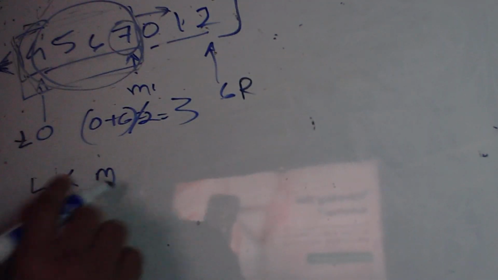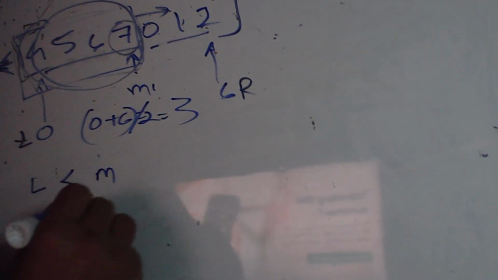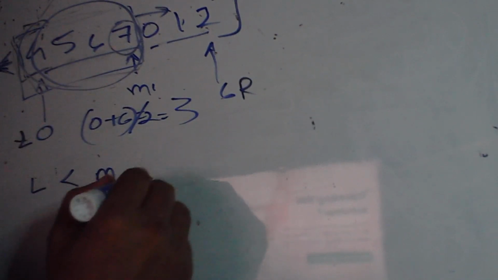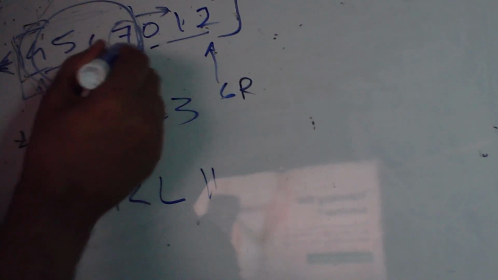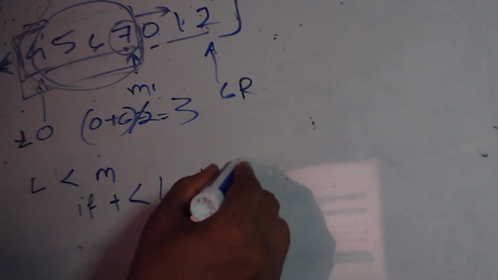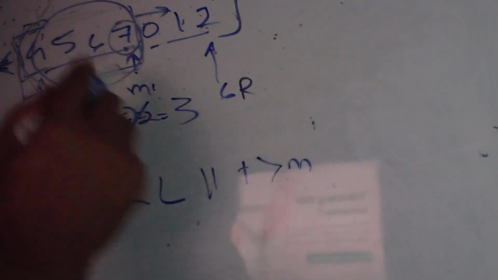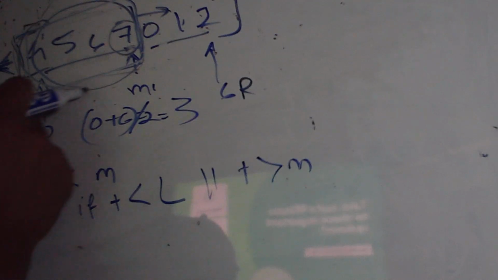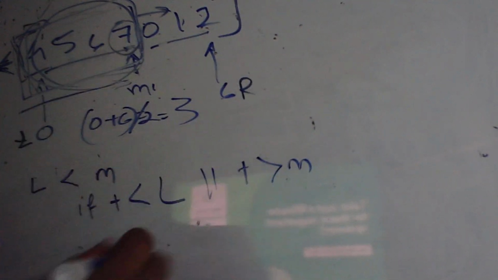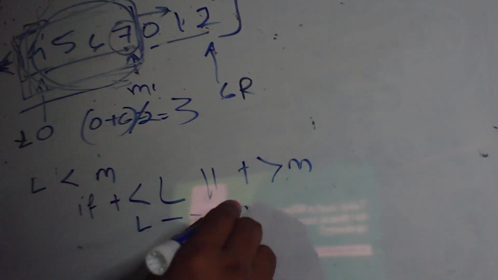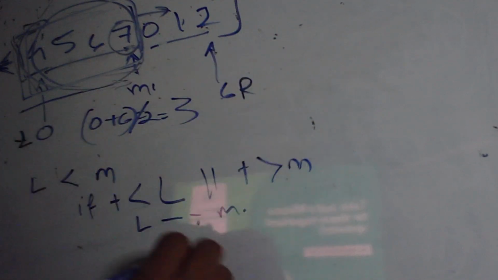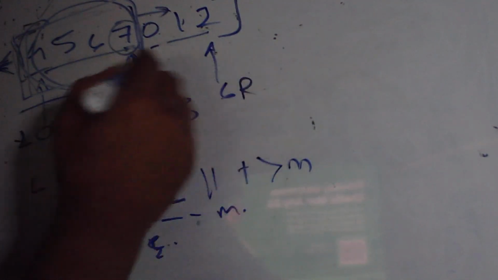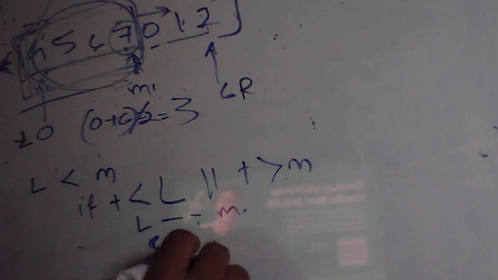If our target is less than left or greater than mid, it's definitely not in this section. So we will be moving the left pointer to the mid. Else we're gonna move right to the mid.